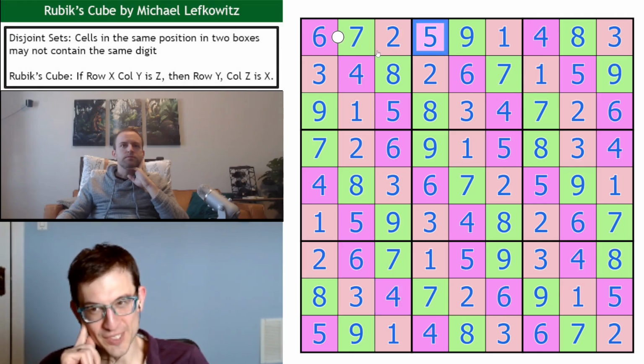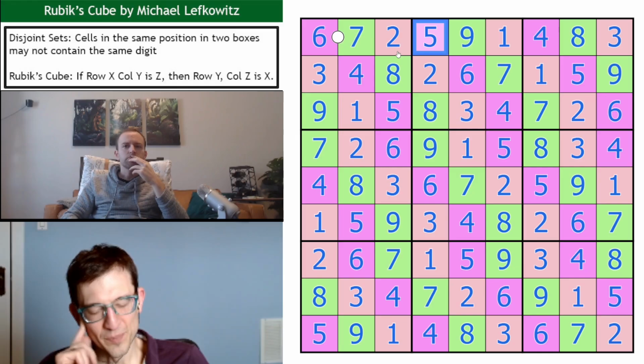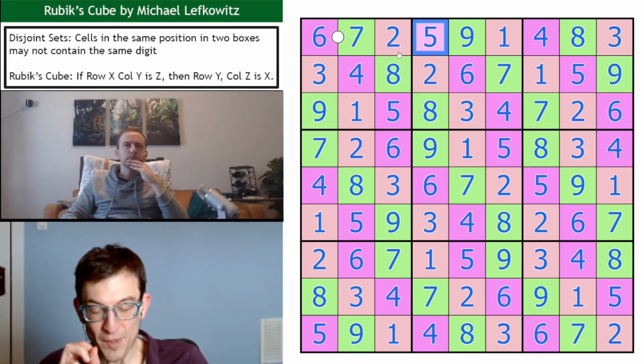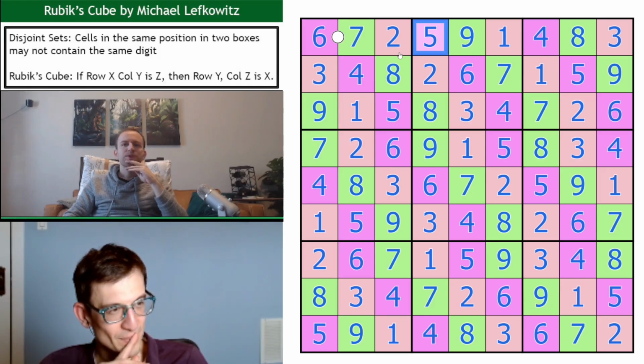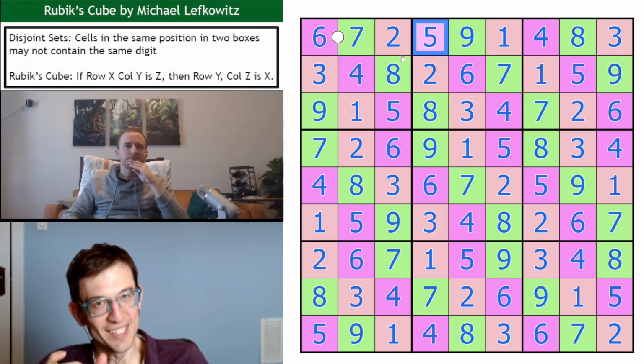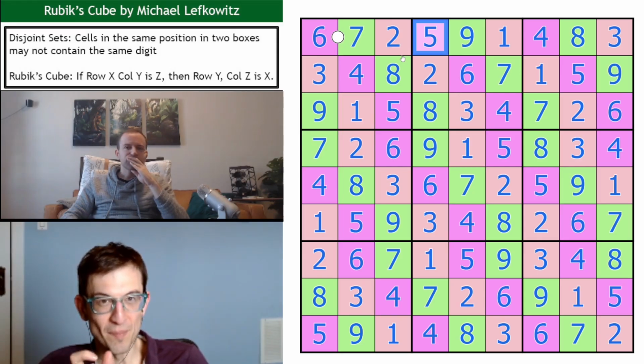The disjoint rule says the same digit can't be in the same place in the same modular space in both rows and columns. That's right. And if you rotate that, what it says is if it's the same modular space in row or column, it can't be the same digit.